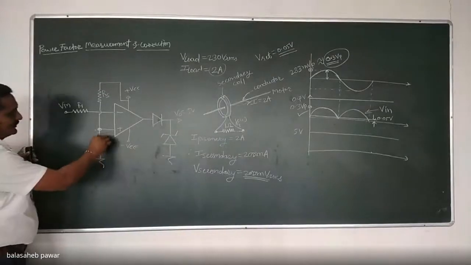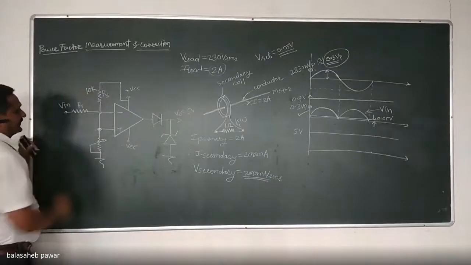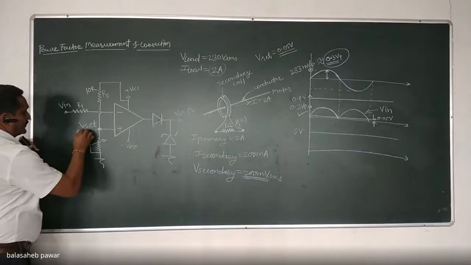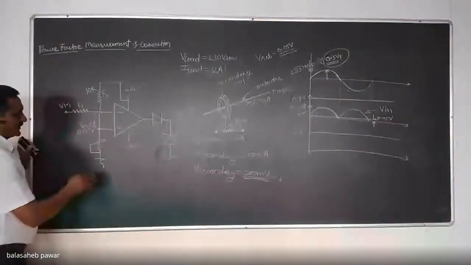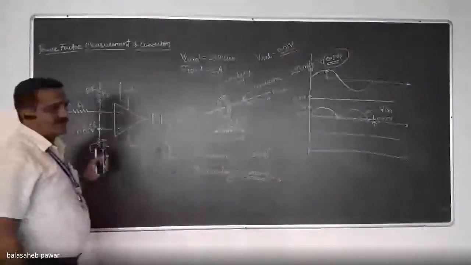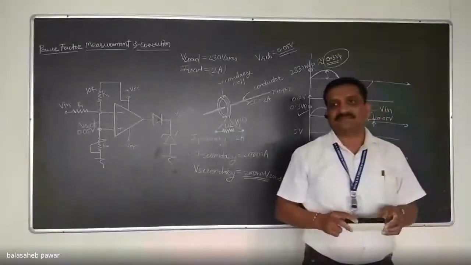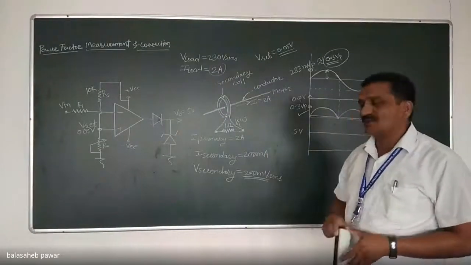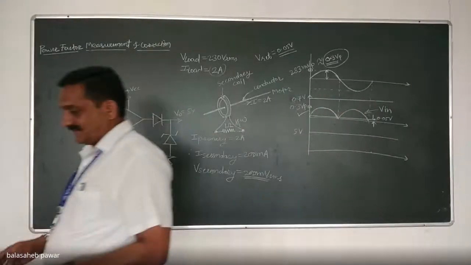What should be the value of that potentiometer? That we will see. If this RS is 10 kilo ohm, and the value of this reference voltage should be 0.05 volts, is it possible? The resistance offered by this potentiometer should be equal to how much? Calculate it, so that this voltage divider will produce the reference voltage as 0.05 volt.